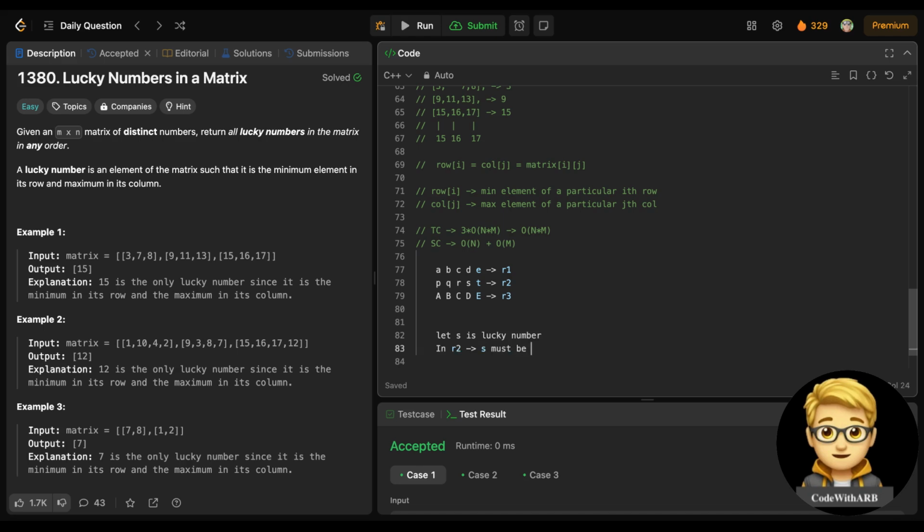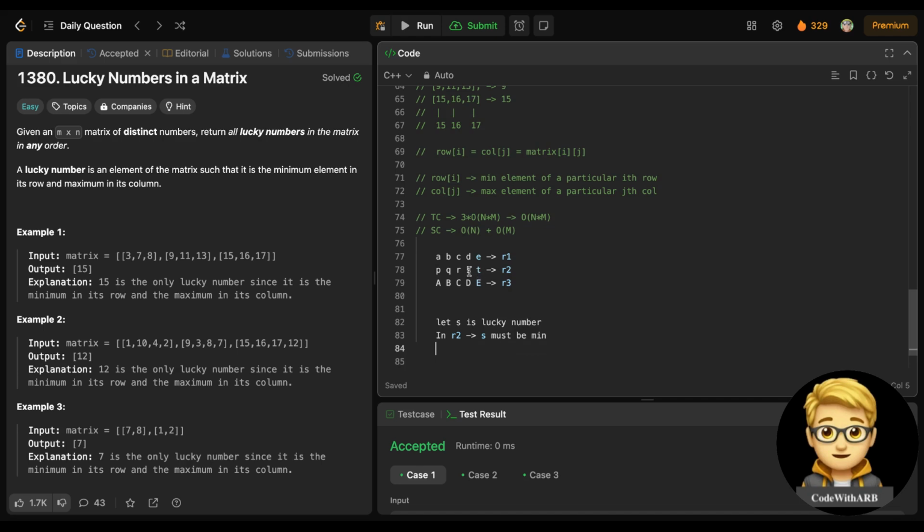And let's give the column numbers also. This is c1, this is c2, this is c3, this is c4, and this is c5, right?